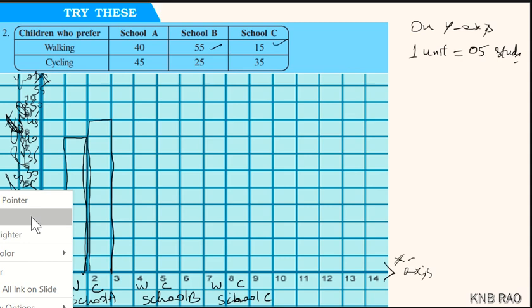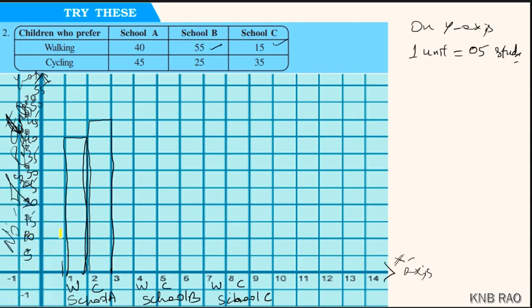I am using highlighter colors here. So for walking I have used yellow color.